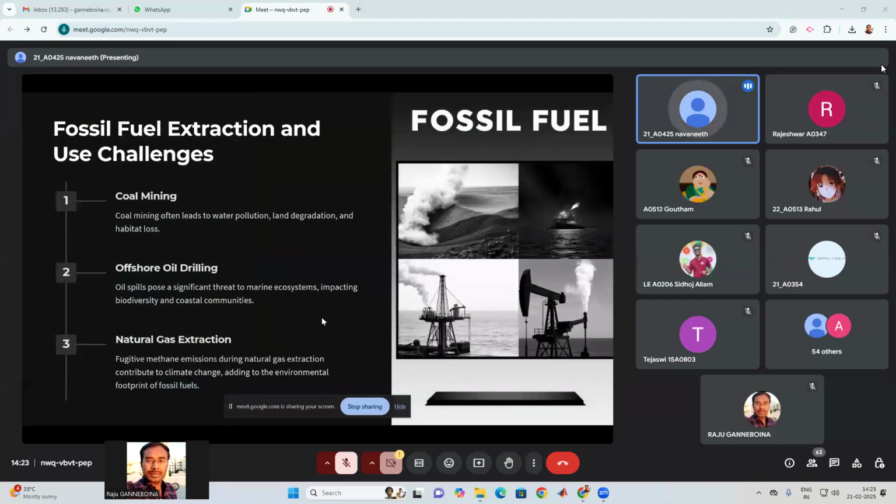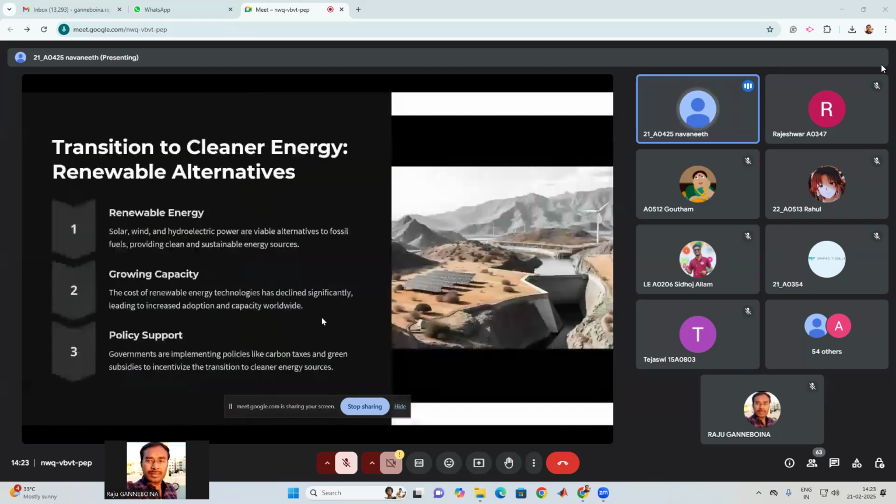We have some challenges regarding extraction and usage also. But as we have discussed earlier, we can have cleaner alternatives to these non-renewable energy resources. Renewable energy resources like hydro, solar, wind, and other possible alternatives should be considered before consuming fossil fuels, because fossil fuels cannot be renewed again.